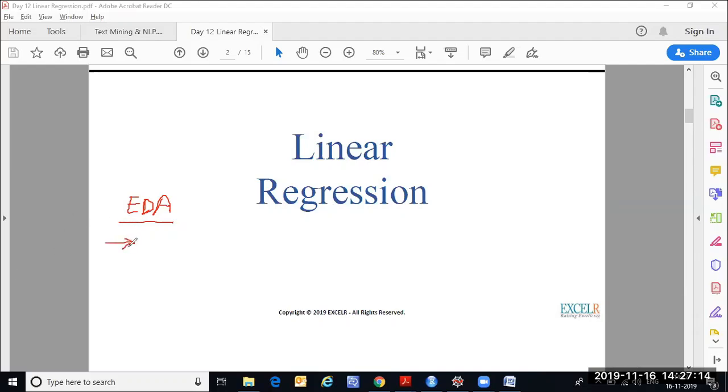In EDA, you perform univariate analysis, bivariate analysis, and multivariate analysis.